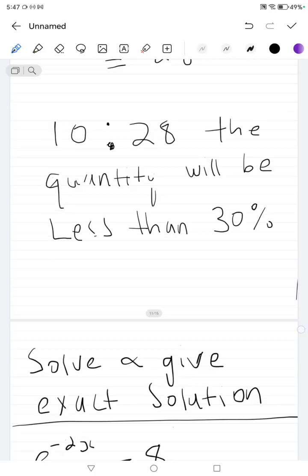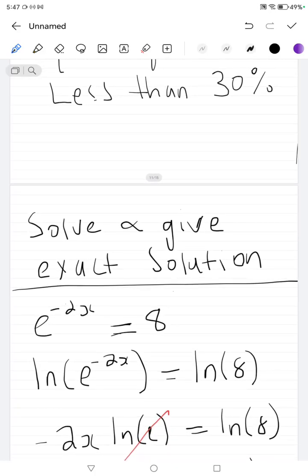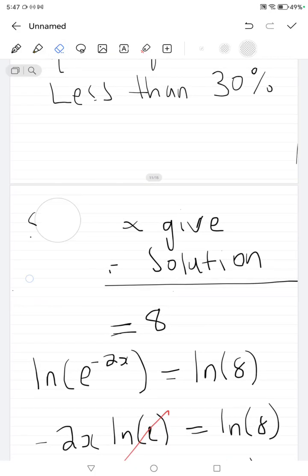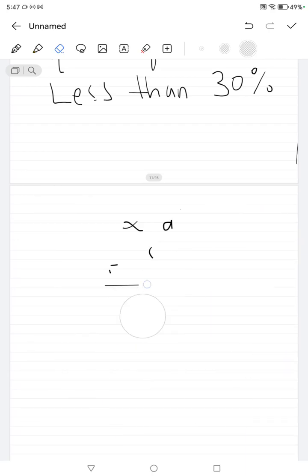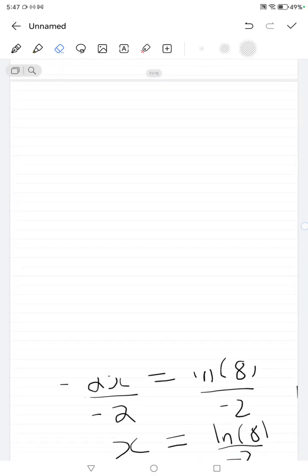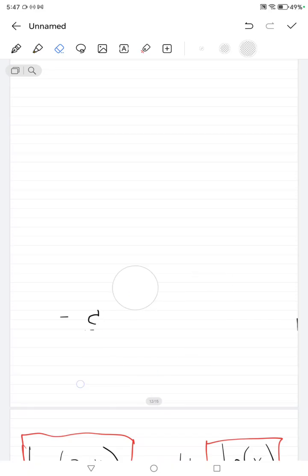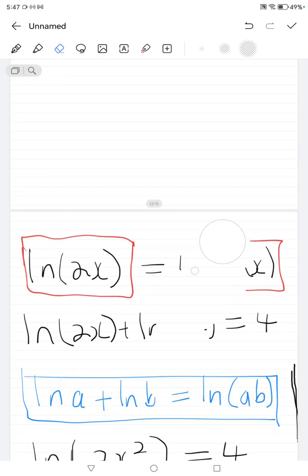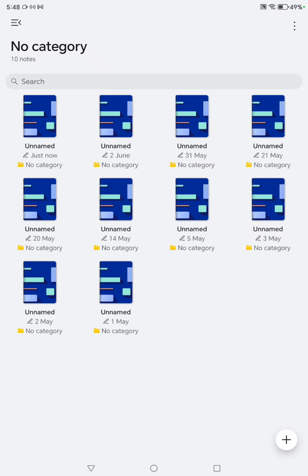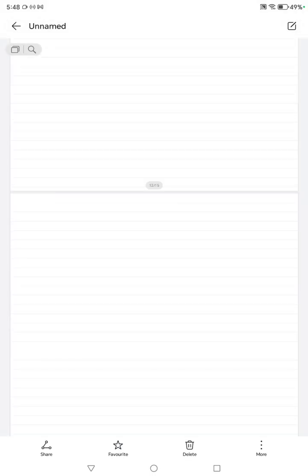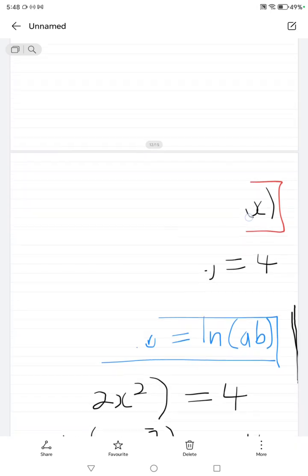Okay, let's try to write it down and see if we can get it correct.